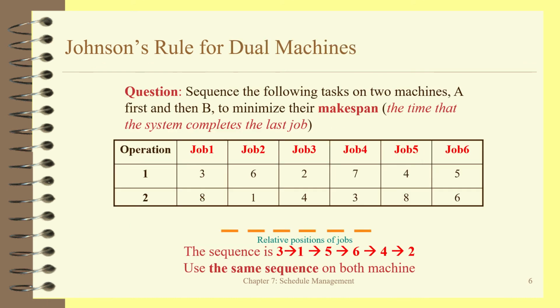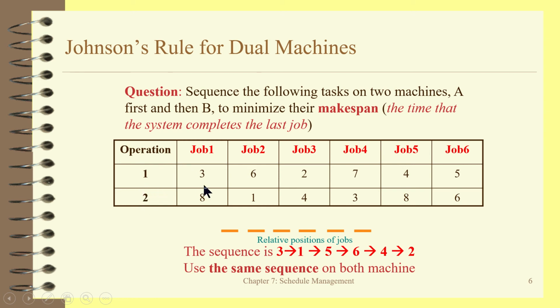Okay, capacity constraint, and I will show you the example. For this question, you need to apply Johnson's rule for your flow chart scheduling. Sequence the following tasks onto machine A first and then B to minimize makespan. We have 6 different jobs, job 1, 2, 3, 4, 5, 6, and we have operation 1 and operation 2. Operation 1 is on machine 1, operation 2 is on machine 2.